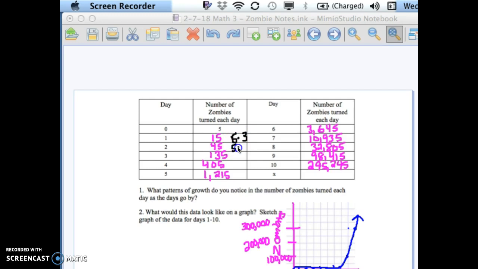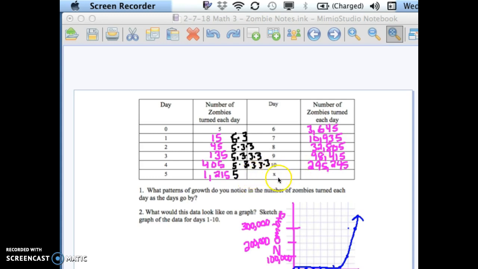Here I had 5, and I multiplied by 3 twice. Here I had 5, and I multiplied by 3 three times. Here I have 5, and I multiplied by 3 how many times? 4 times. Here I started with 5, and I multiplied by 3 5 times.